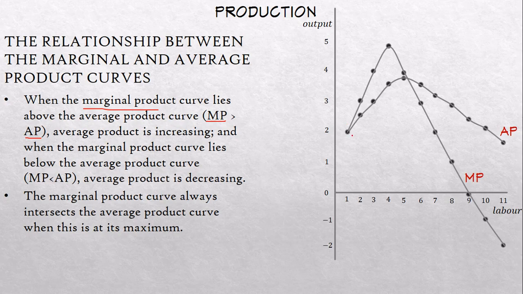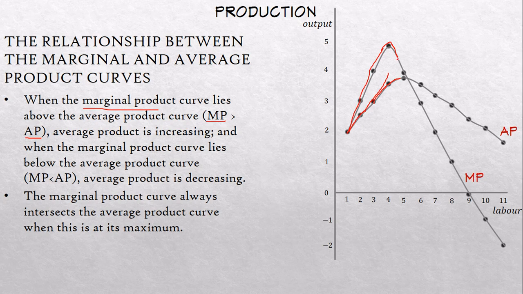So you can see that over here, this is the MP curve, right? When the MP curve was above the AP, the AP is increasing. Over here, it is still above it, the AP is still increasing. Over here, it is still above it, the AP is still increasing, okay?